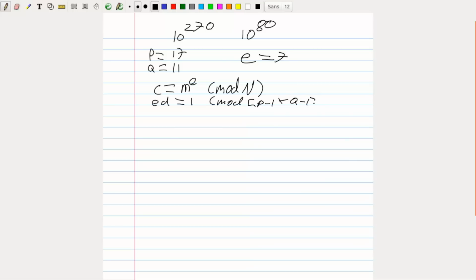Now, I should also explain what N is. N is equal to P times Q. So again, you can see how these numbers would build up to being almost impossible.